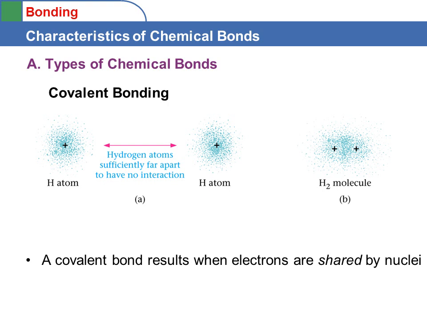So if hydrogen gets close enough to another hydrogen, they decide to share their electrons. That way, instead of each one just having one, they'll both get to share 2, and both hydrogens will feel like they have 2, and that makes it far more stable.